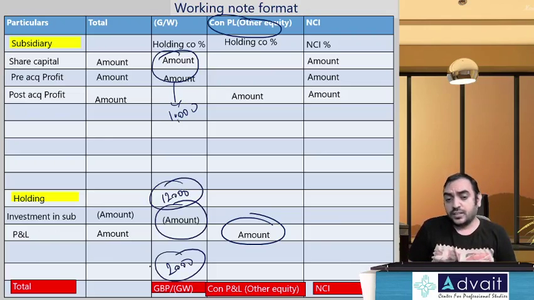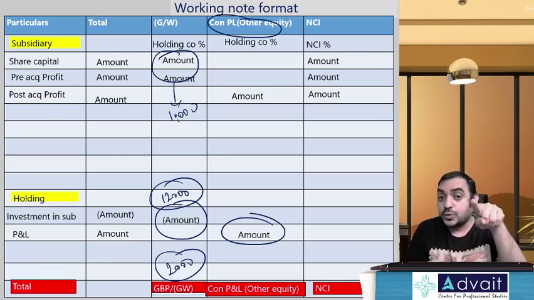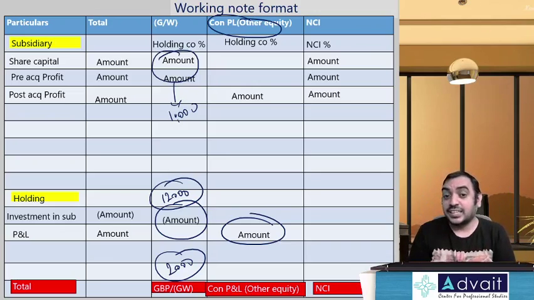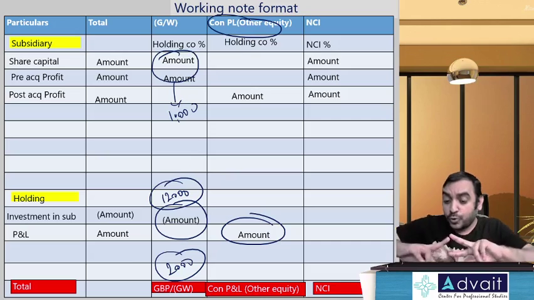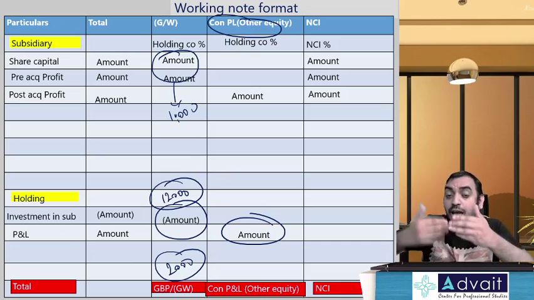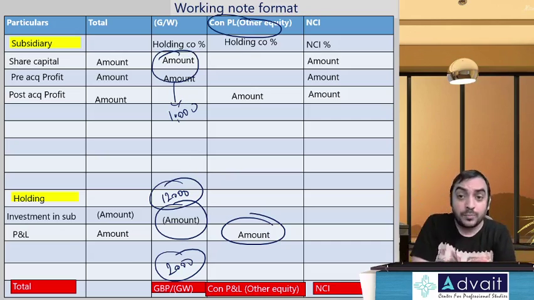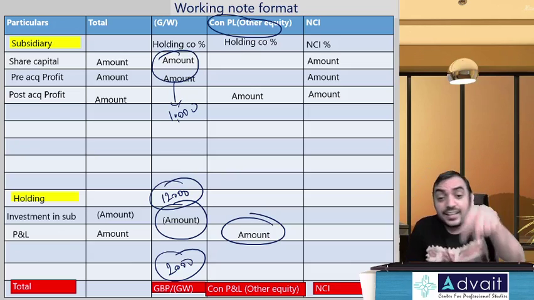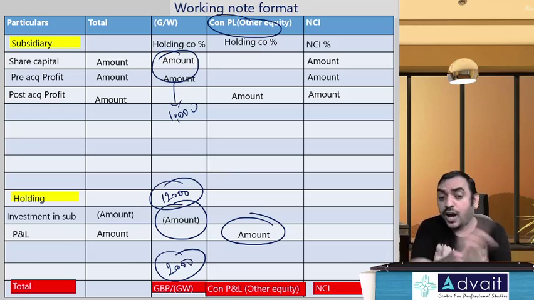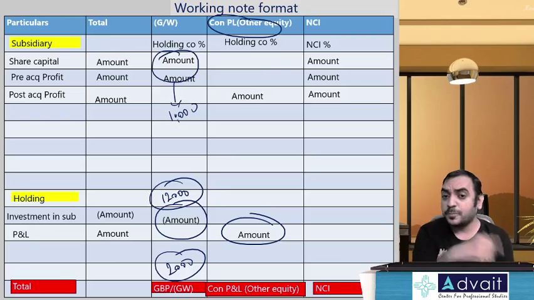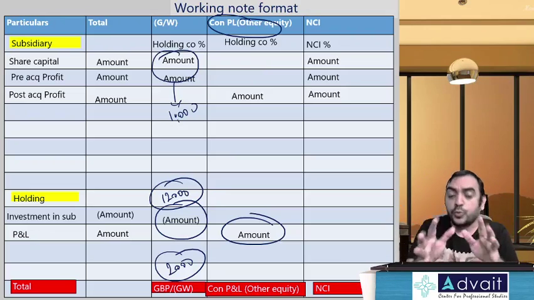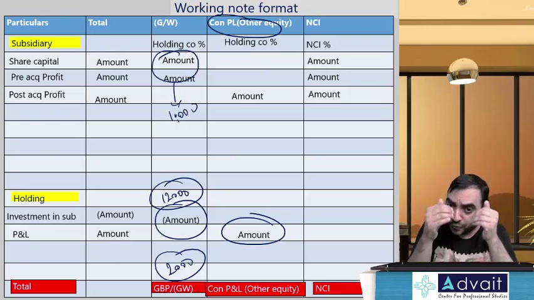Please observe here. When you got goodwill in our calculation earlier, it was investment minus net assets. Investment 12,000, minus net assets 10,000, 2,000 goodwill we got. But here I am doing the reverse calculation. I am keeping the investment in minus numbers and net assets in positive numbers. Are you able to understand the shift I am making? Don't worry, I'll make you do problems under both the formats initially.